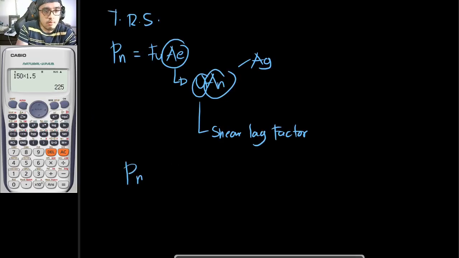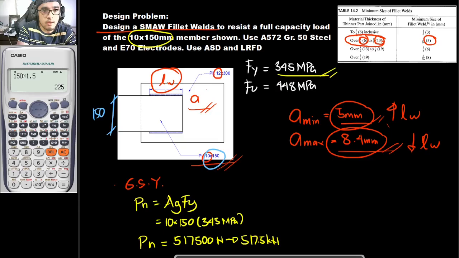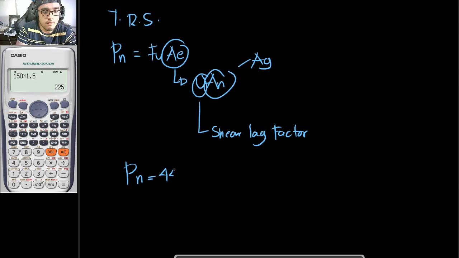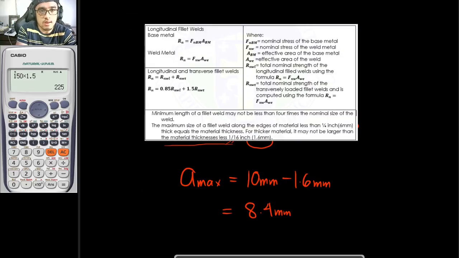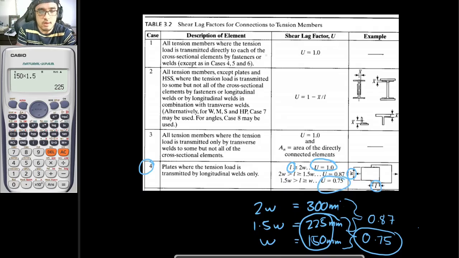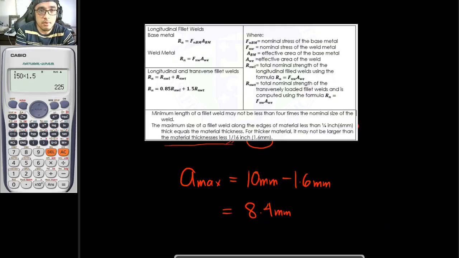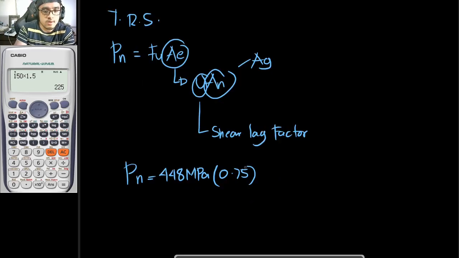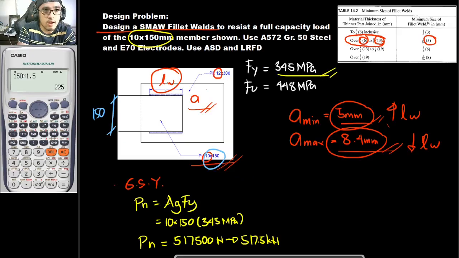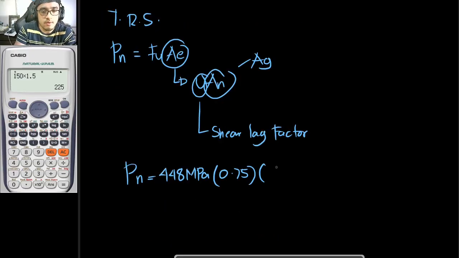So from that itself, my PN is now equal to FU times U times AN, and my FU is 448 megapascal, and my U is 0.75. So once again, I just guessed this. If I am wrong, let's just resolve it later. Our AN is also equal to 10 times 150.